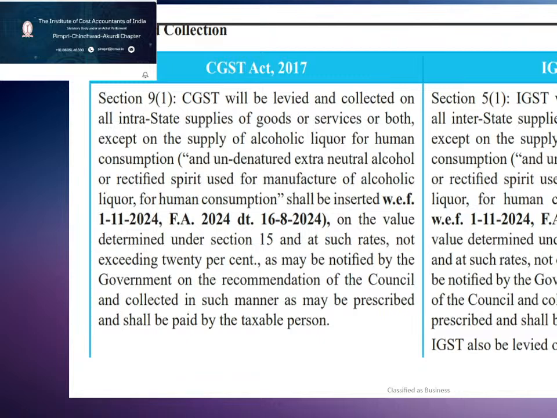We know that if it is a special category state, the limit is 75 lakhs. If it is other than special category, 1.5 crores. If it is service related other than restaurant, it is 50 lakhs.